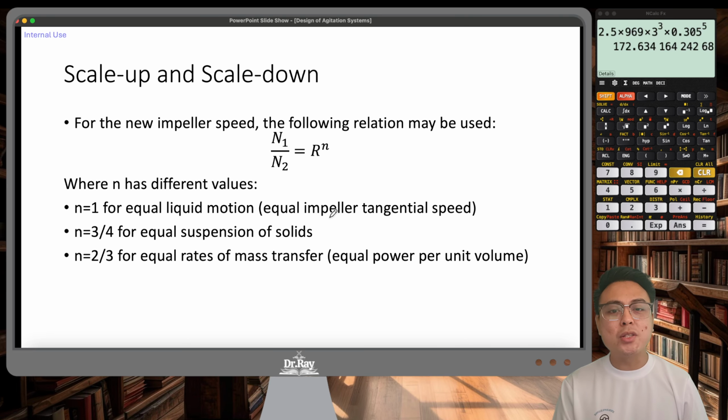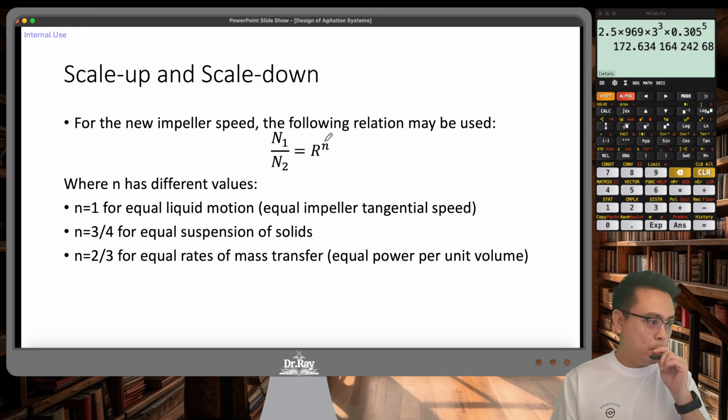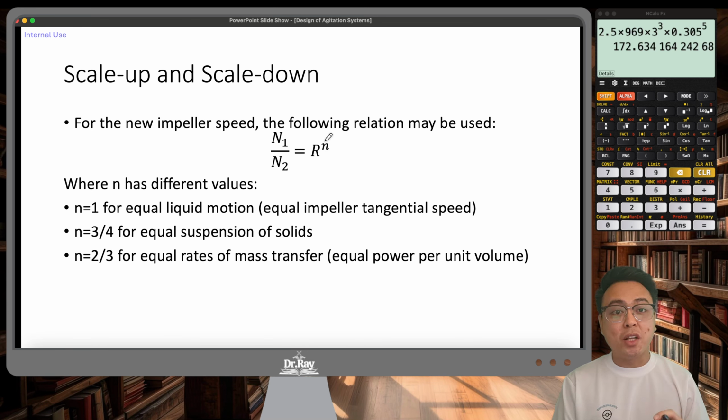And to that point, we can still use that ratio R, but it's not a linear relationship anymore. For the new impeller speed, the following relation may be used. N1 over N2 equals R raised to n. This small n right here has different values.